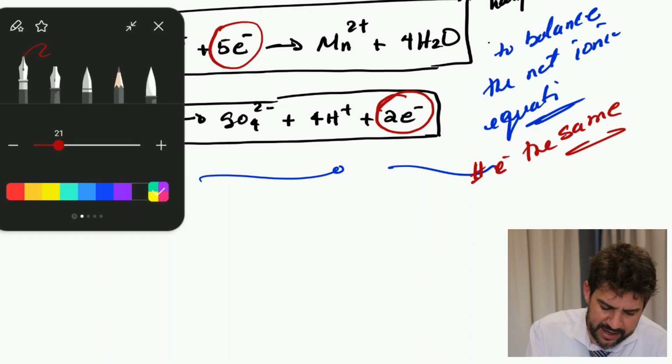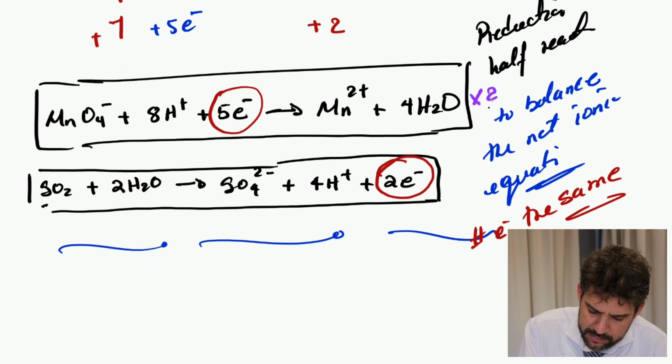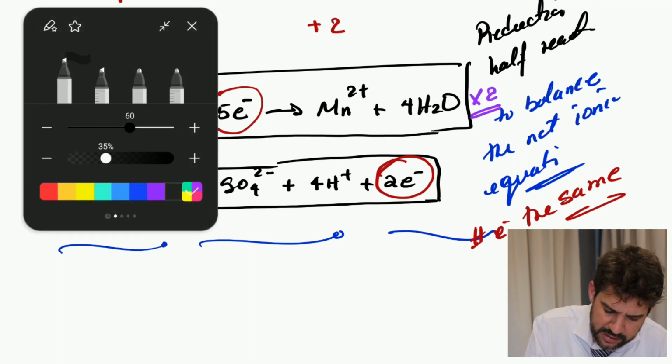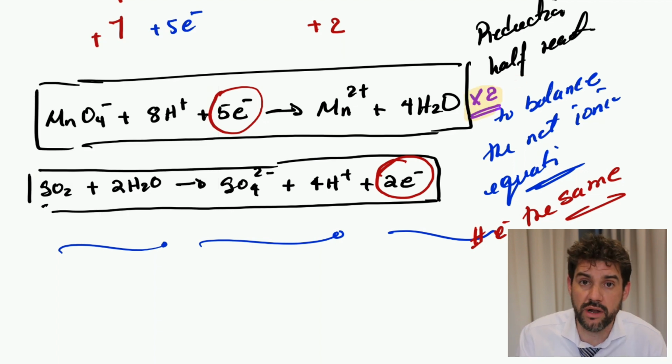Let's use another color so you can see what I'm doing. I'm going to multiply this whole equation times 2. There you can see it. Let me highlight it. I'm multiplying by 2 the whole equation.